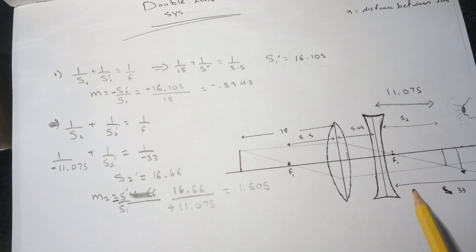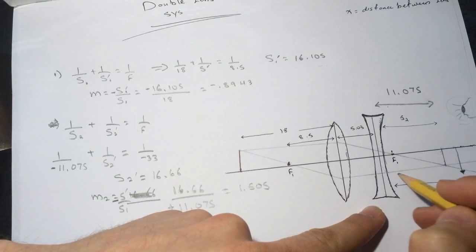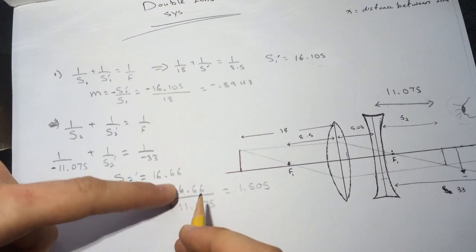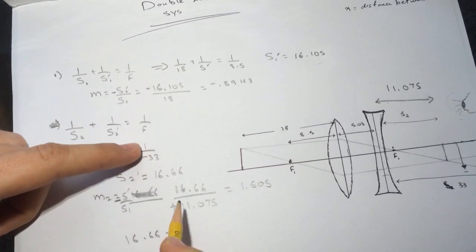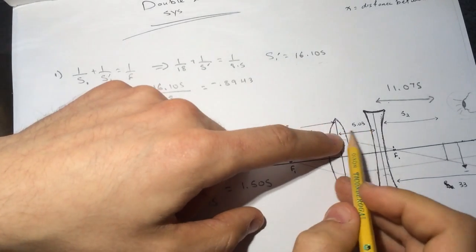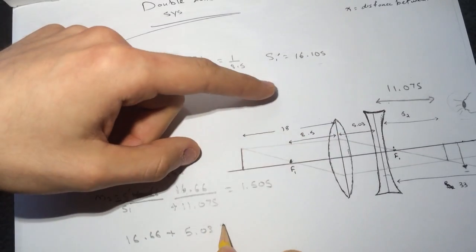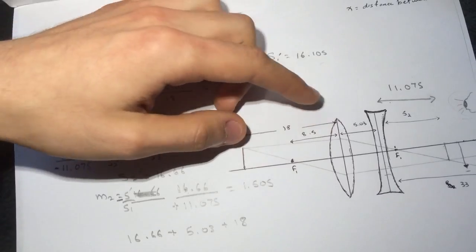Okay, so we have the distance between this new image and the second lens, which is 16.66. So we'll add 16.66 plus the distance between the two lenses, which is 5.03, plus the distance between the object and the first lens, which is 18.